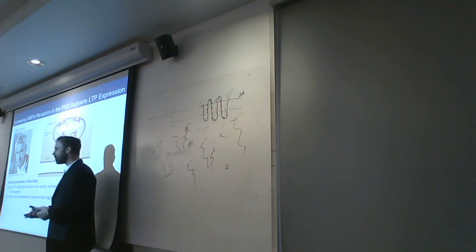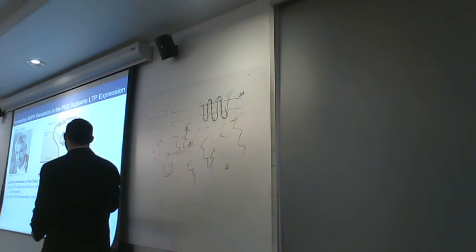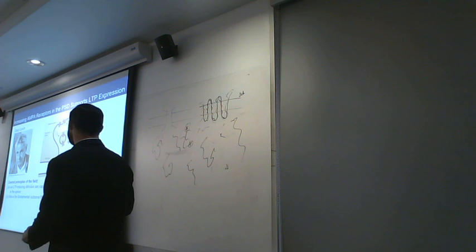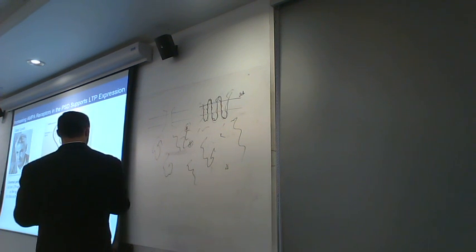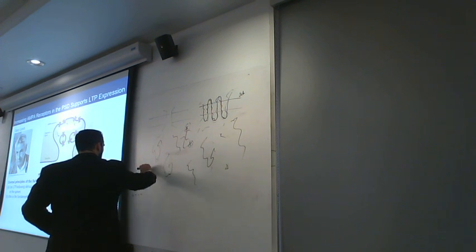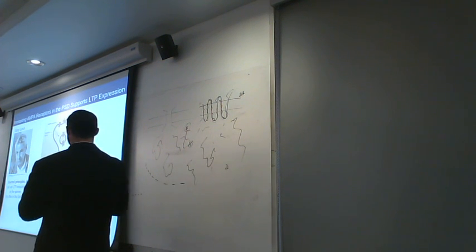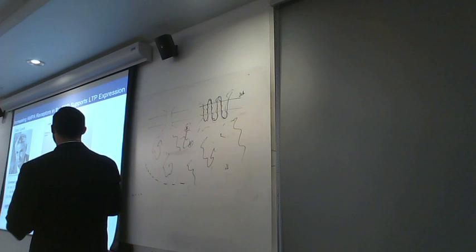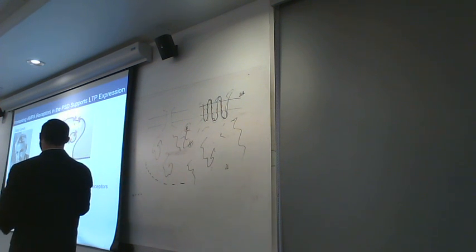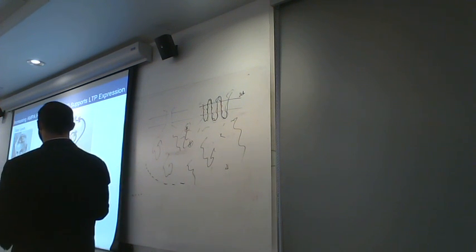So we need that stuff to happen. So you can rapidly increase those AMPA receptors, which is fundamental to the expression of what we see as our LTP measurement. Okay.